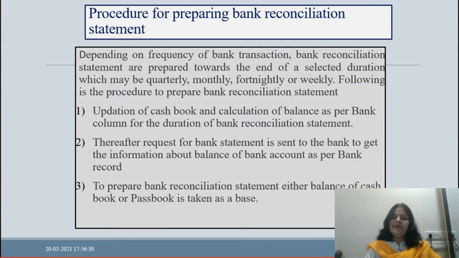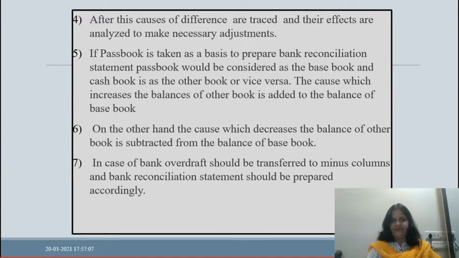To prepare bank reconciliation statement, either balance of cash book or passbook is taken as a base. After this, causes of differences are traced and their effects are analyzed to make necessary adjustments. If passbook is taken as a base, passbook would be considered as the base book and cash book is considered as the other book.